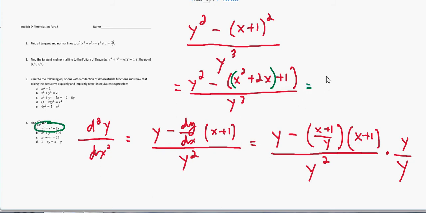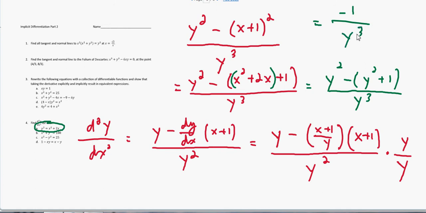Well, that means this thing equals y squared minus (x squared plus 2x) is y squared, plus 1, over y cubed. But y squared minus y squared goes away, so it's negative 1 over y cubed.